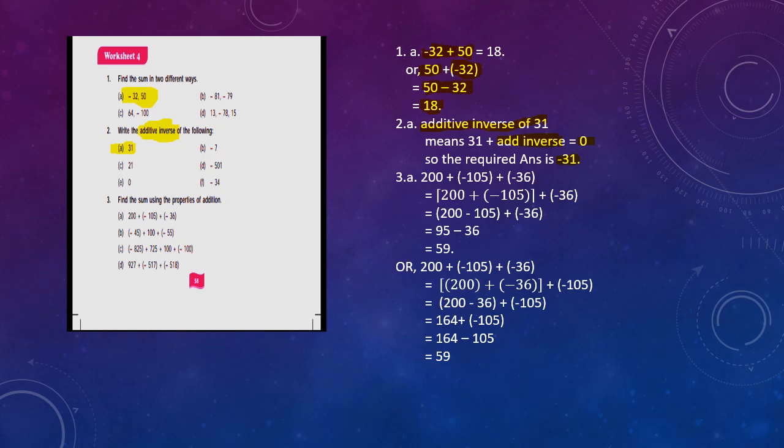So minus 31 is the required additive inverse of 31. Similarly, you can find the additive inverse of the given numbers in B, C, D, E and F. It means the sum of the number and its additive inverse must be equal to 0.